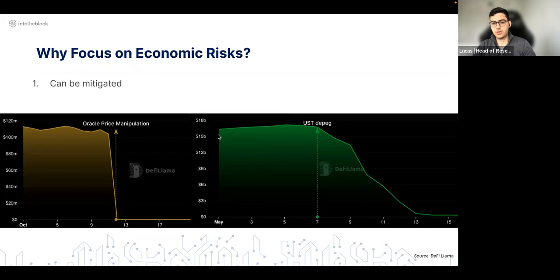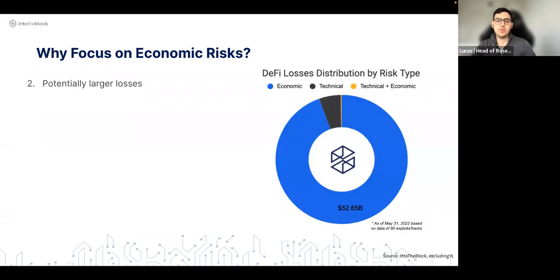This is the Anchor TVL. So you had some time to be able to take actions, to be able to mitigate your losses if those are materializing. Another reason to focus on these is that they're potentially even larger. So this was briefly after the Terra exploit, economic attack.